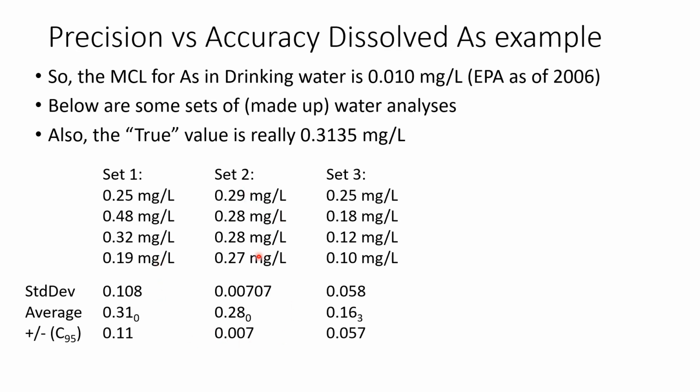Set 2 is a very precise set of measurements, but it is not accurate. And then set 3, of course, is just terrible on both. It is not precise, it is not accurate, it is just all bad.